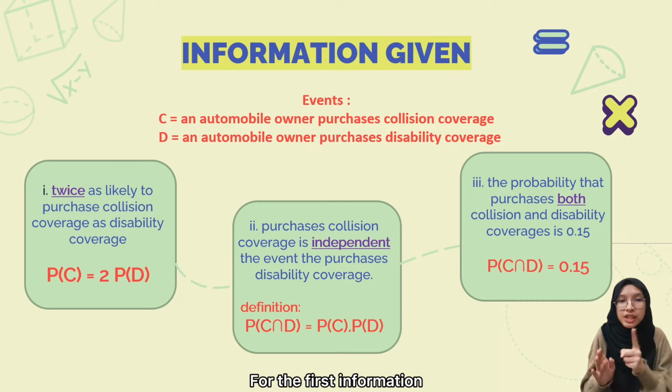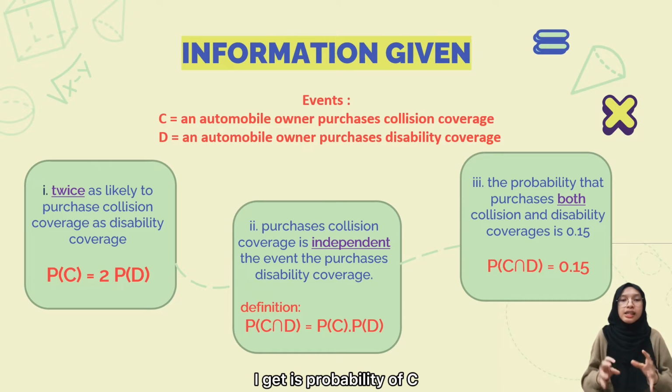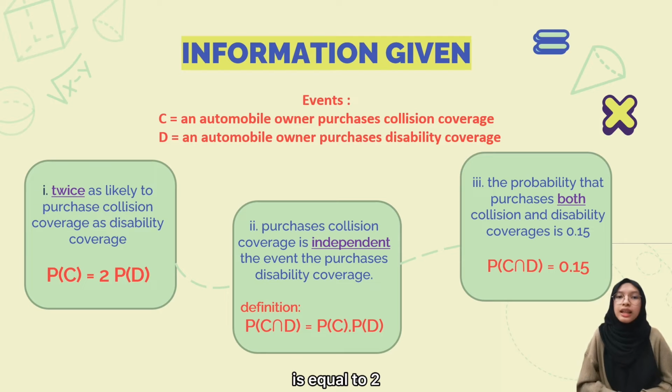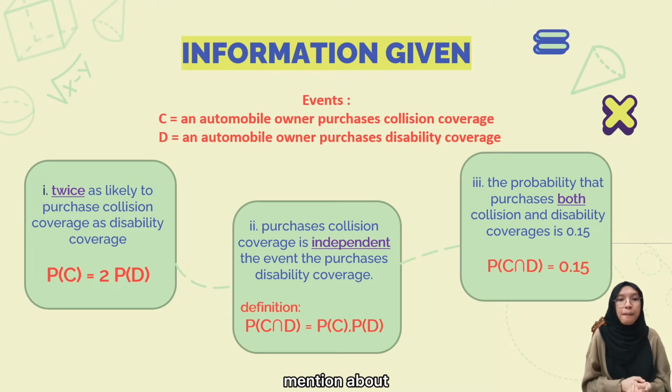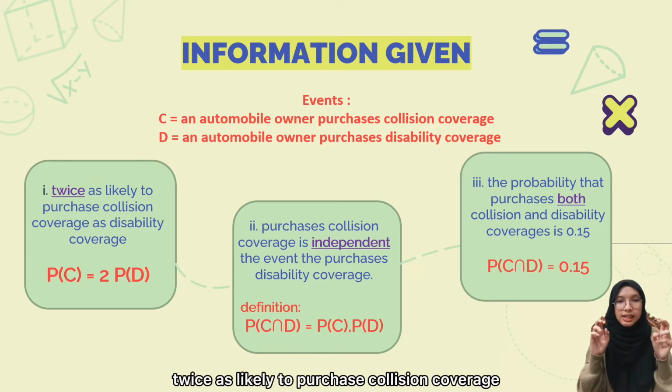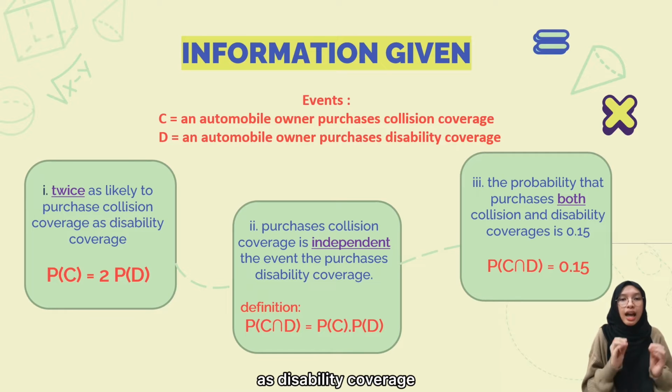For the first information, probability of C is equal to 2 times probability of D. As we can see, the sentence mentions twice as likely to purchase collision coverage as disability coverage.